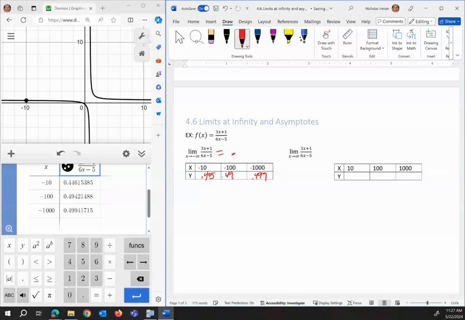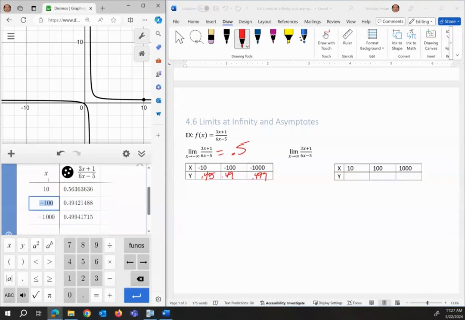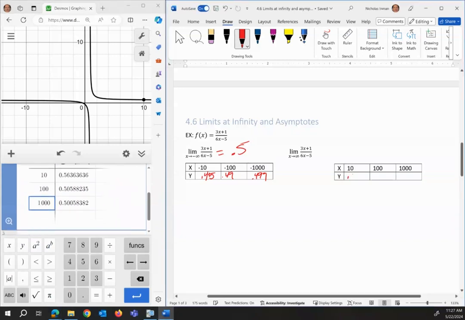I would say that is about one half. As we switch to the positives, it looks like 0.56, 0.505, 0.5005. That looks like it's again going to 0.5. So we do have a horizontal asymptote here at y equals 0.5, or 1/2.